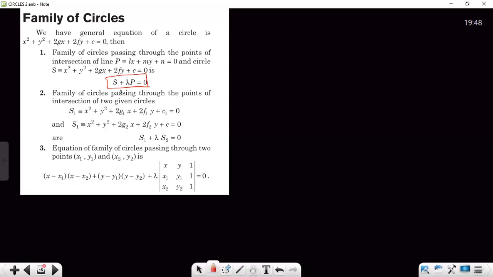And P is the equation of the line, Lx plus My plus N. Okay, so if we write it after expansion, it is written somewhat like this.